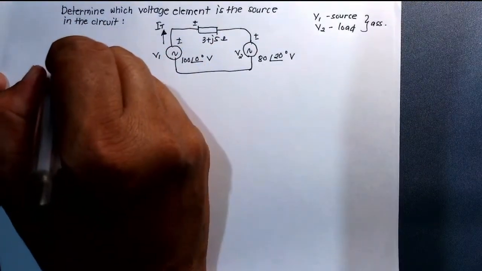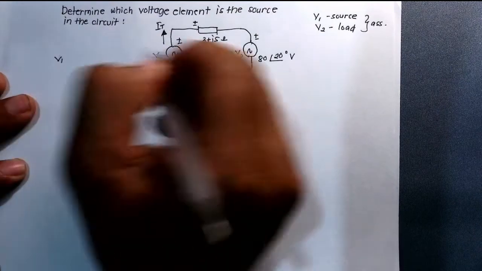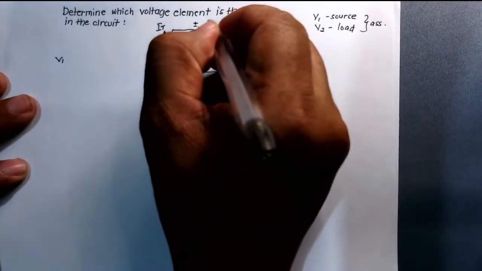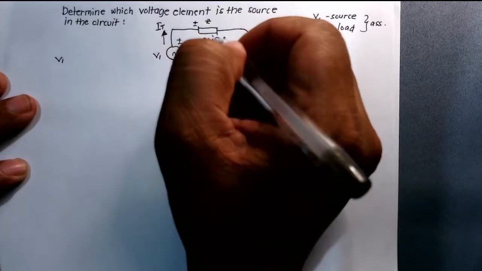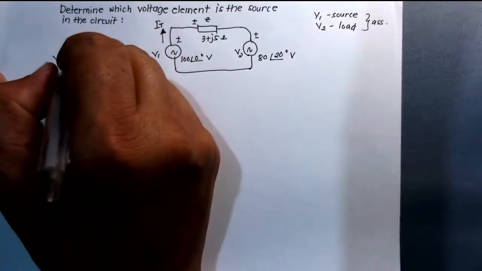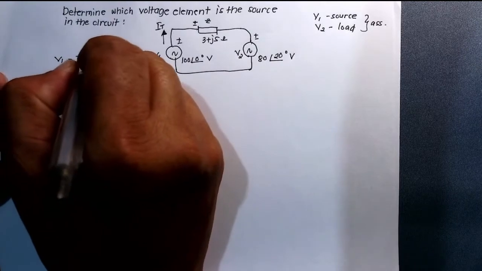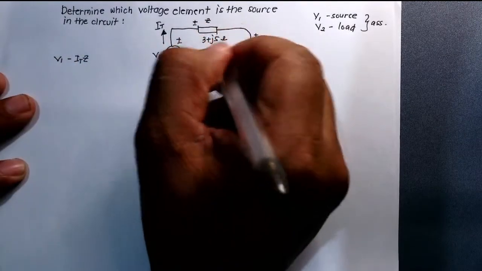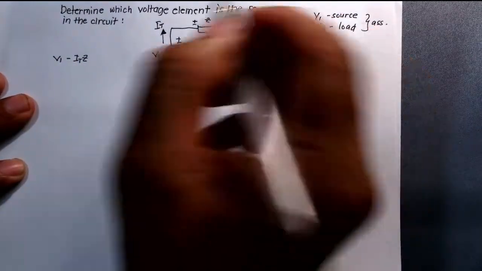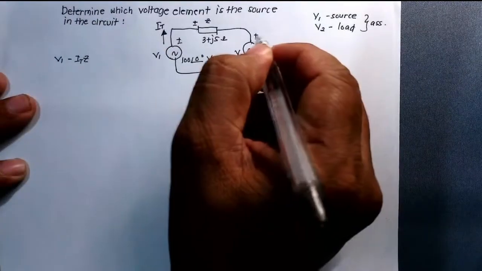So it can be set up into an equation like this one. B sub 1 minus I sub T times Z, the total voltage here, and the voltage here, which is the same as this one.